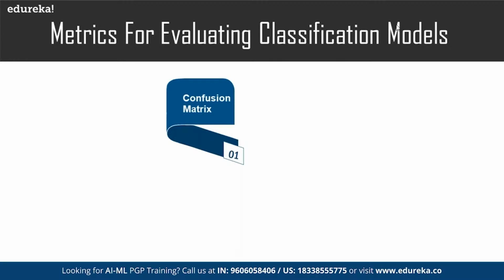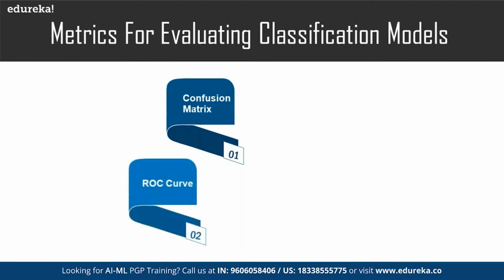So let's see other types of evaluation metrics. Another one is the ROC curve, which is very popular. The AUC curve is also widely used, in healthcare sectors and in various other sectors too.